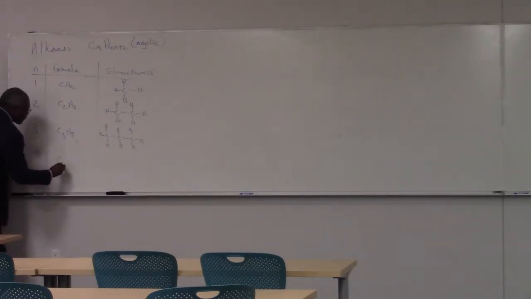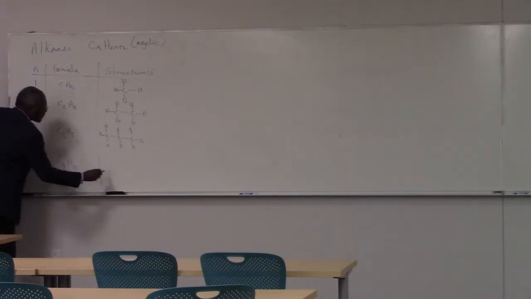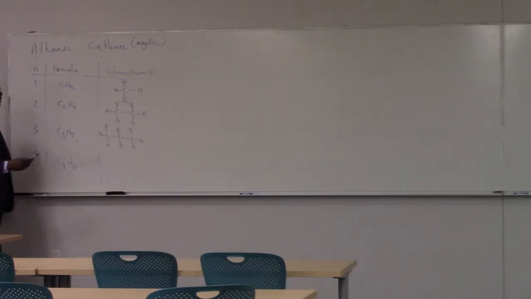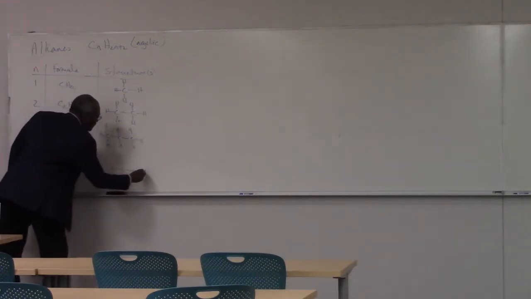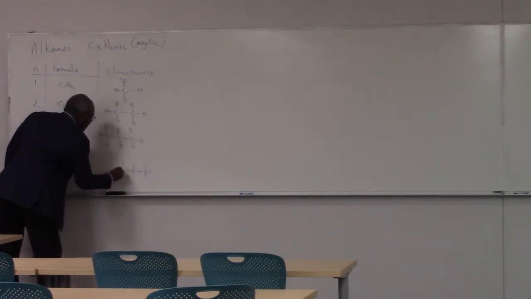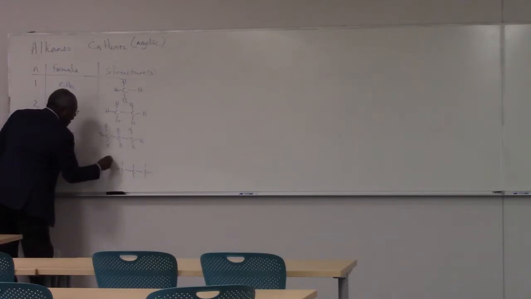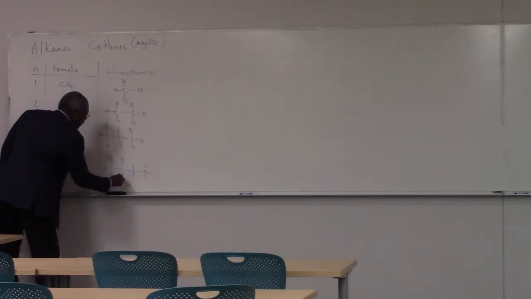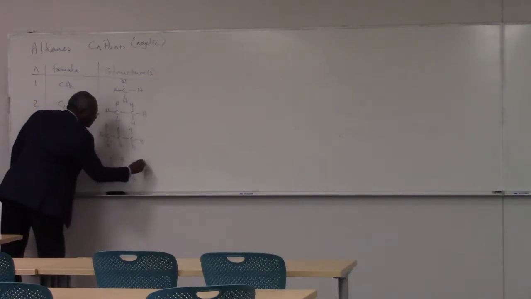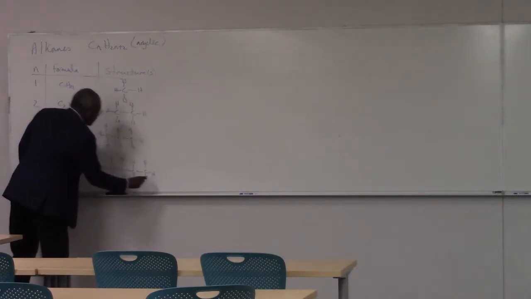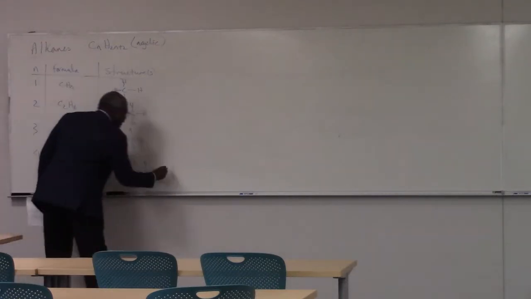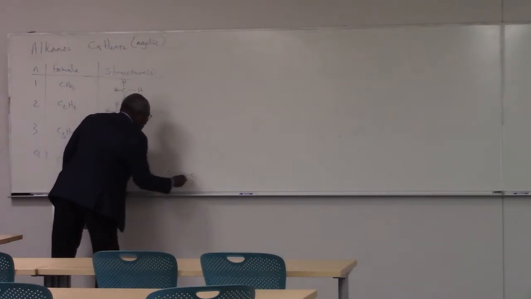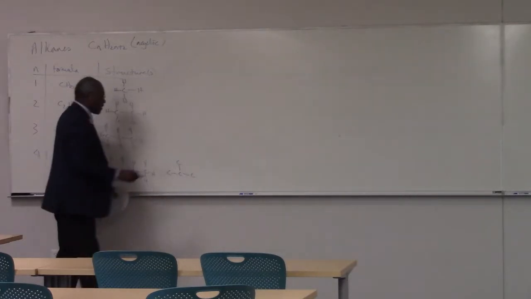So this is C4H10, and there are a couple of versions of C4H10. Either I can have them all in an unbranched arrangement, what we often call straight chain. So I can have all 4 carbons together in a straight chain. Or I could have 3 of them and then have the 4th carbon on the middle carbon.